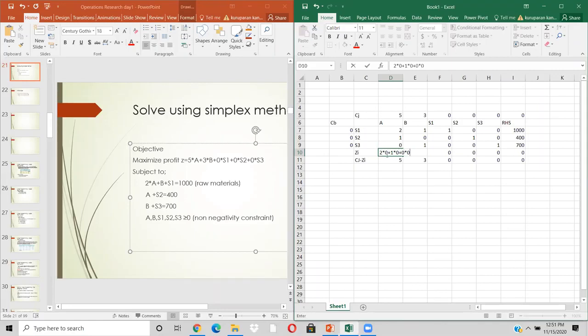By solving this you will get 0. Similarly here, 1 times 0, similarly 0 into 0 plus 0 into 0 plus 1 times 0. By solving this you will get 0.